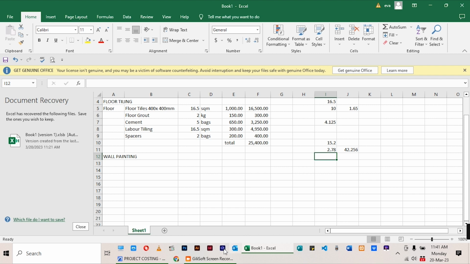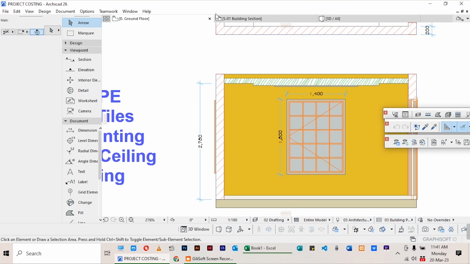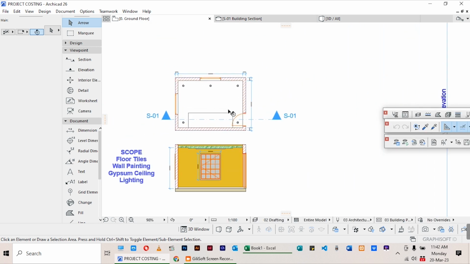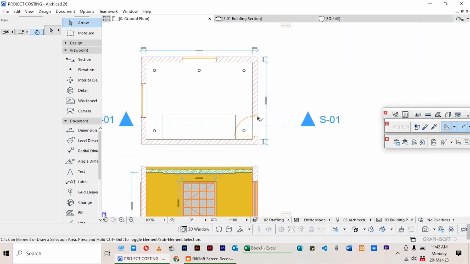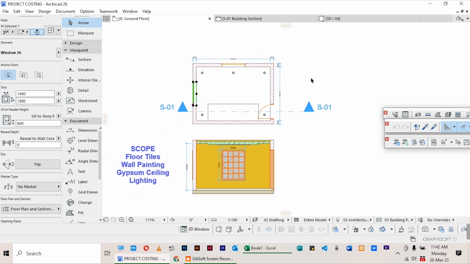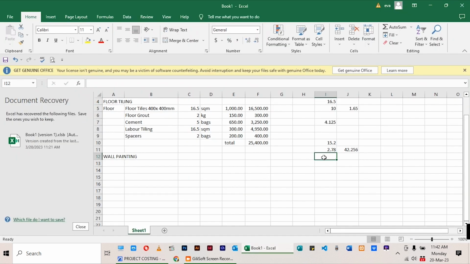Now, this includes even the doors. You are not doing any skimming on the doors. So you'll have to remove the area for the door, the windows, to get the actual area that we need. Each window is 1.4 by 1.8. So come here.